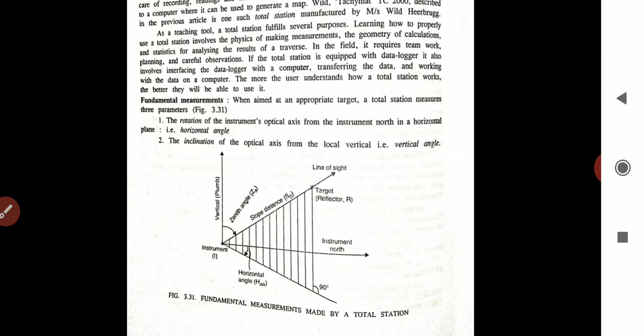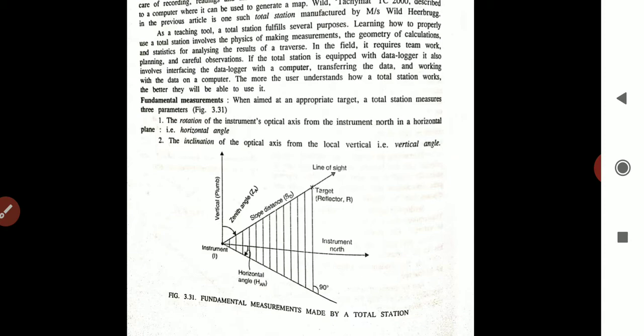The combination makes it possible to determine the coordinates of a reflector by aligning the instrument crosshairs on the reflector and simultaneously measuring the horizontal and vertical angles and also the slope distance.